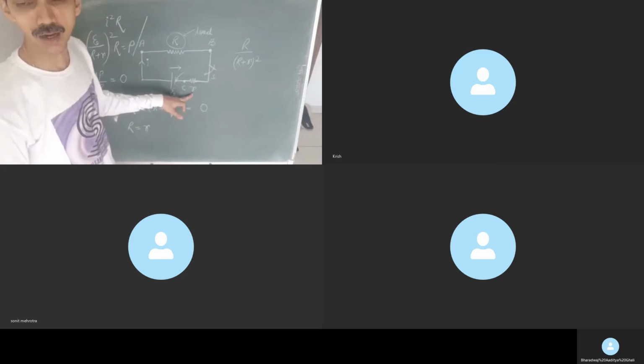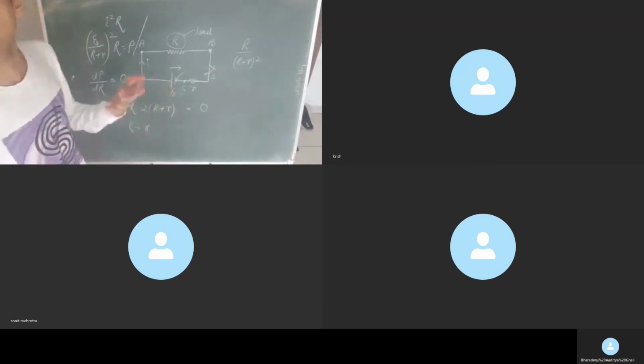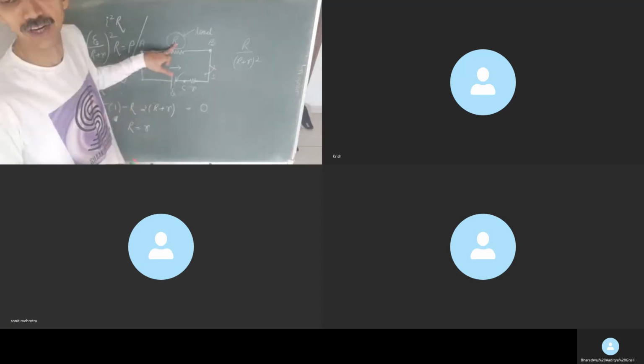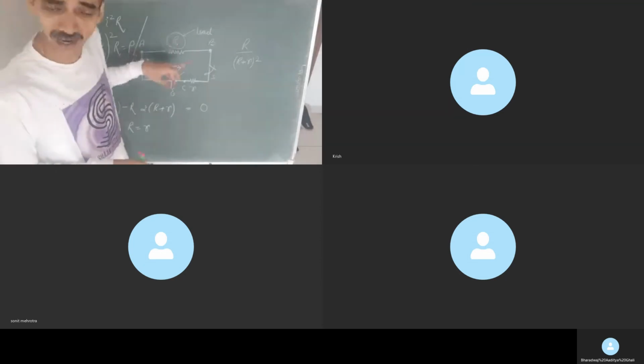Electrical gadget. When you are talking of an electrical gadget, if you are to work on maximum power, then when I'm designing it, I need to keep in mind what should be small r. So small r should be even with what I expect capital R will be in the circuit to which the laptop will be connected. Correct? Yes, sir.